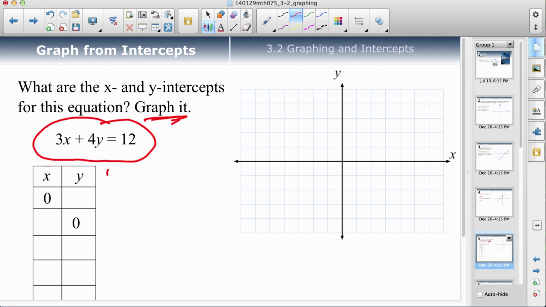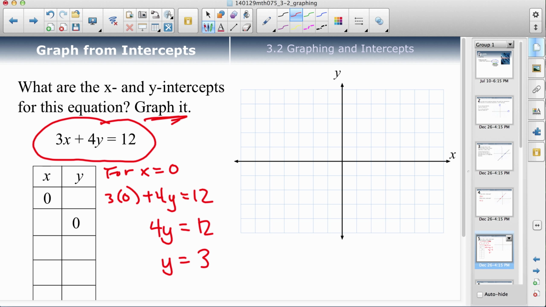So for x equal to 0, I'd have 3 times 0 plus 4y equals 12. 3 times 0 is 0, and 0 plus anything doesn't change it. So I have 4y equals 12, divide both sides by 4, I get y equal to 3. So my y-intercept is (0, 3): 0 to the left or right, and 3 up.